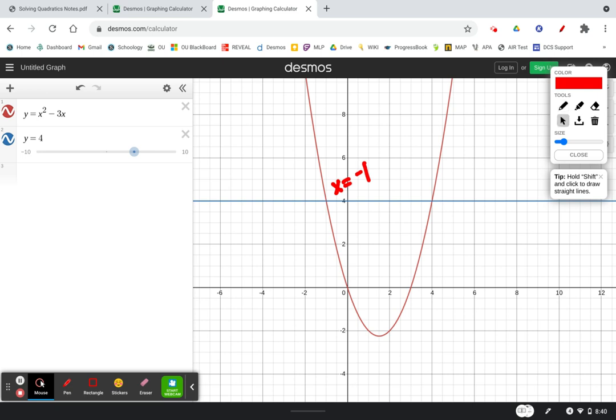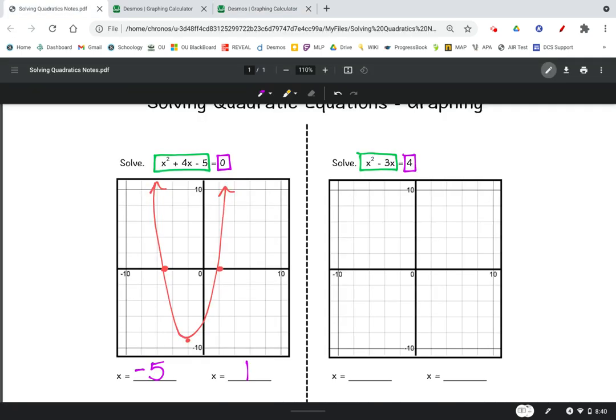And I had, let me remind myself again, x equals 4 over here. So two different places, which means we have two different solutions. So x is equal to -1, x is equal to 4.